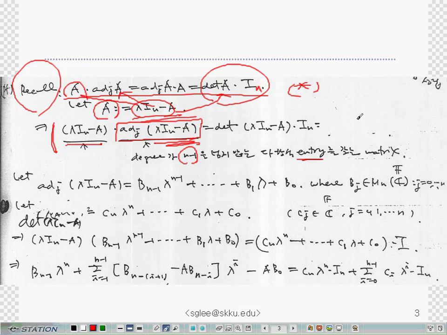So we cannot have a polynomial of degree more than n minus 1.